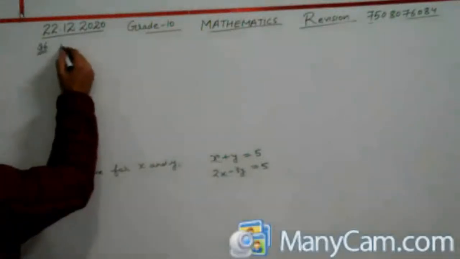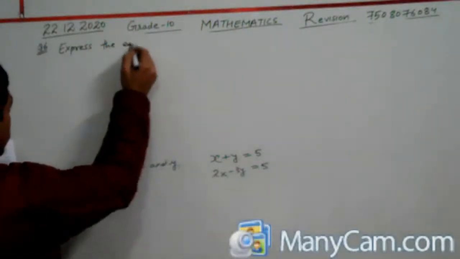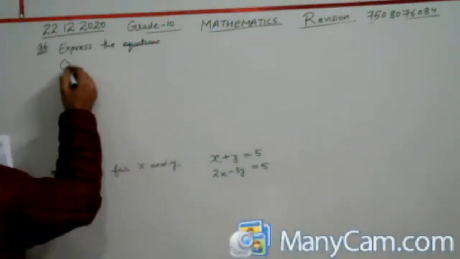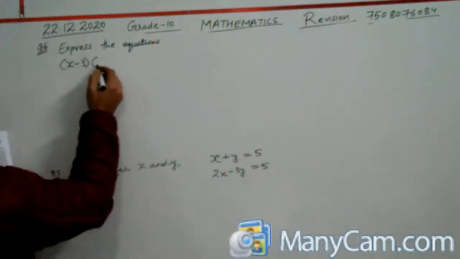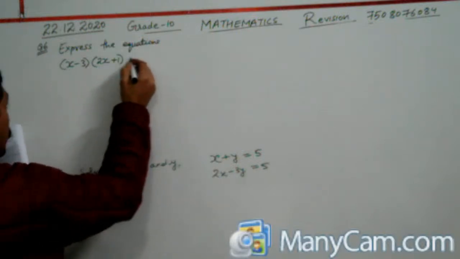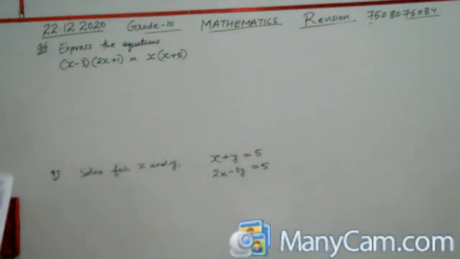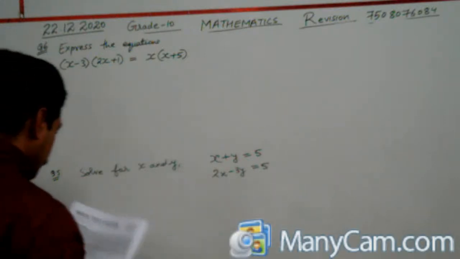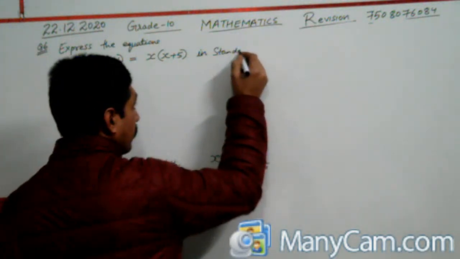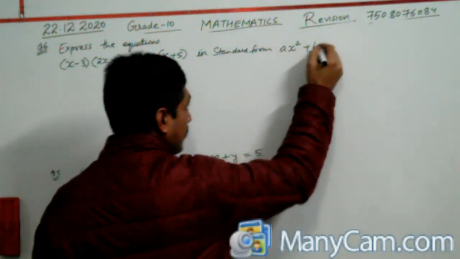Express the equation x minus 3 into 2x plus 1 is equal to 0 in the standard form. The standard form is ax square plus bx plus c is equal to 0.